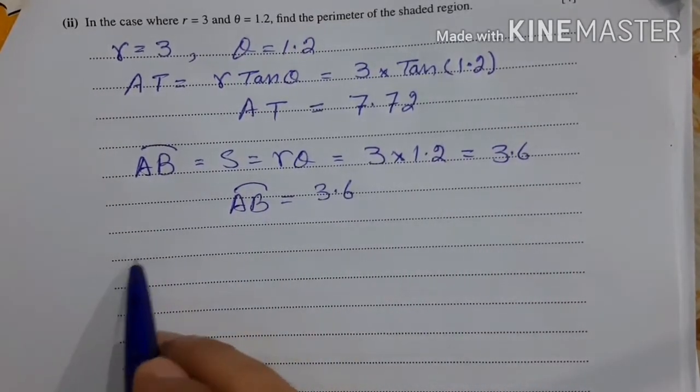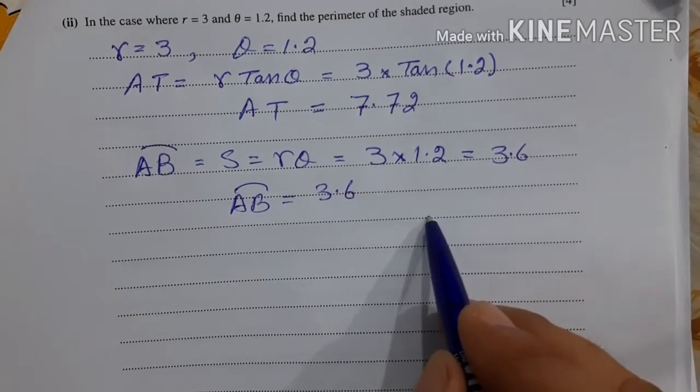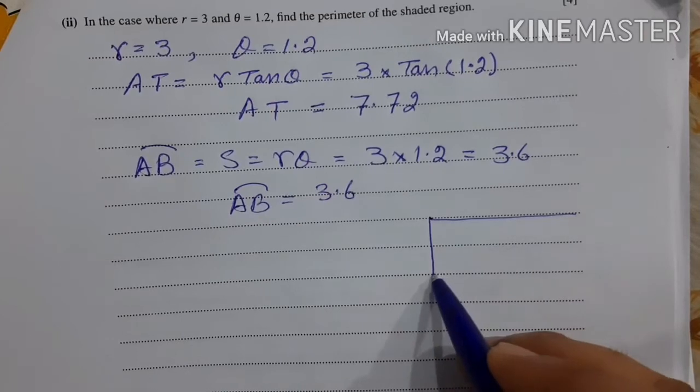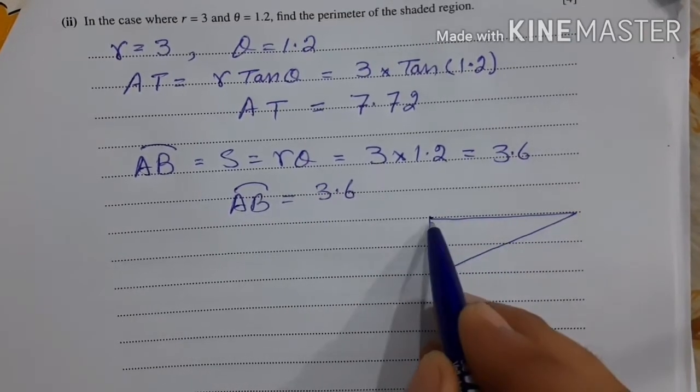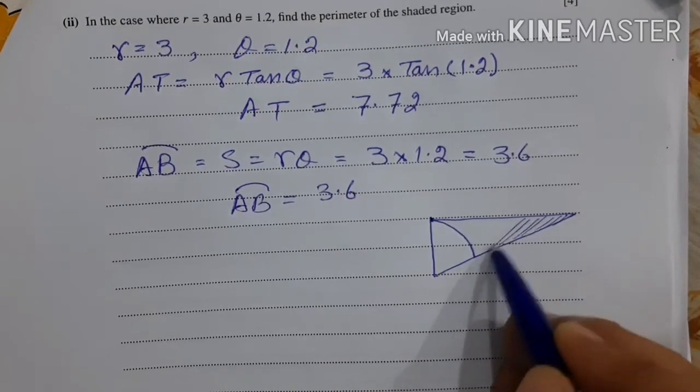Now the third thing, BT. This is our picture, and this is our shaded region.